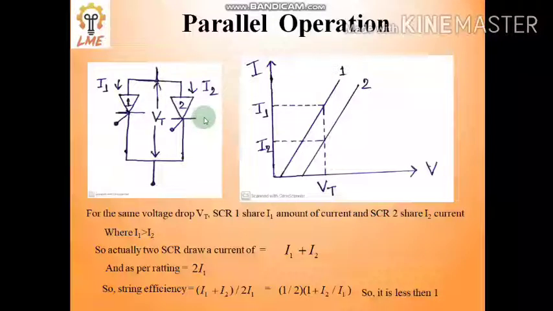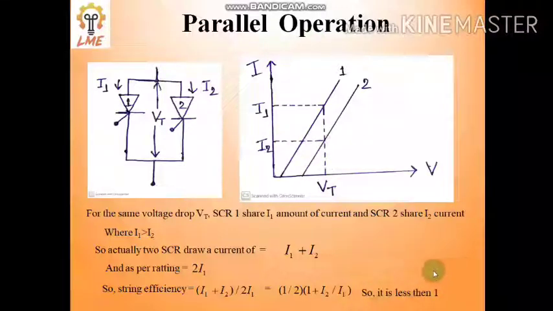The temperature across every SCR will be the same. Then what will happen? That pushes the currents passing through I1 near to I2. So if we connect every SCR on a single heat sink, that is one of the finest solutions of the parallel operation for getting maximum efficiency.